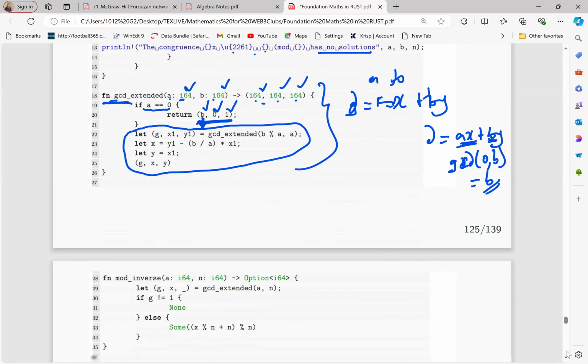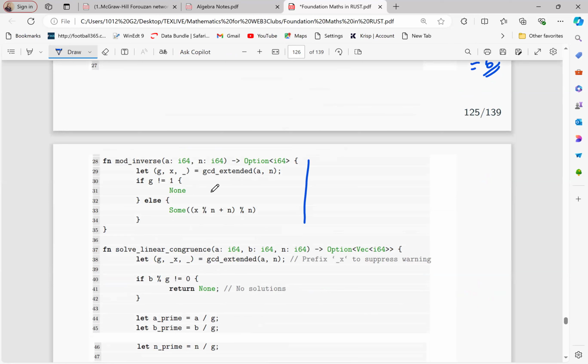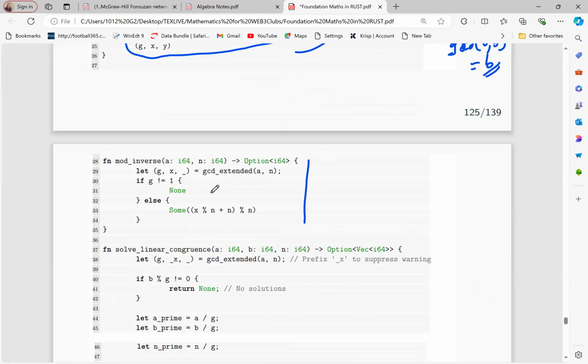Now, I said it should also have a part for getting the inverse, if there is an inverse. And if there is no inverse, again, it should tell us that there's no inverse. And you know, if there is no inverse, then that means that the equation has no solution.